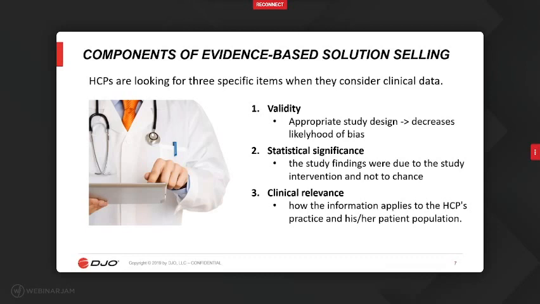But it has been shown that only after a healthcare practitioner believes that the data we are showing are valid, then they want to hear about the statistical significance or the results of a study. And once they understand the data are valid and significant, they want to know how the data is clinically relevant to their practice and how it will help him to achieve his practice goals.